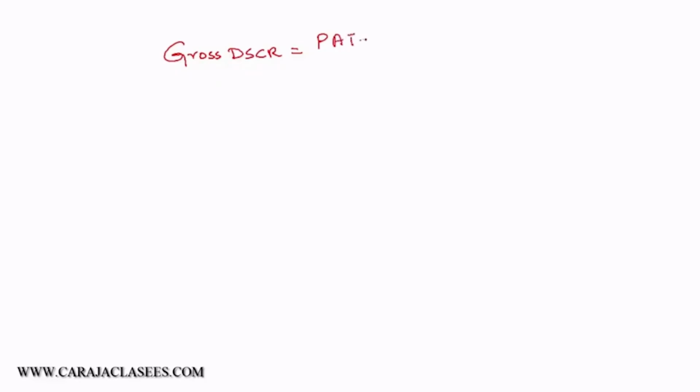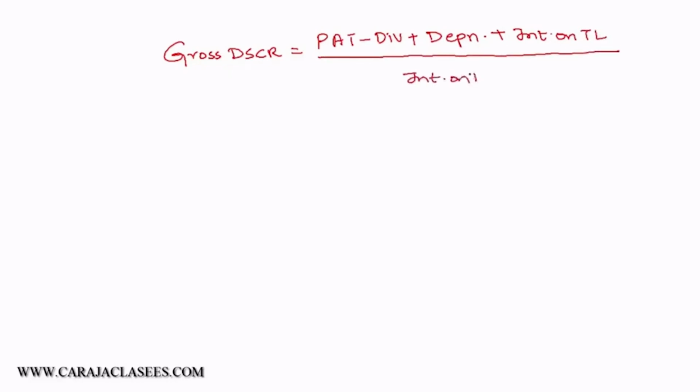It is PAT minus dividend plus depreciation plus interest on term loan, whole divided by interest on term loan plus principal repayment. So this makes gross DSCR. Public sector banks will be insisting it should be at least 1.75, or some banks will go down to a level of 1.5.